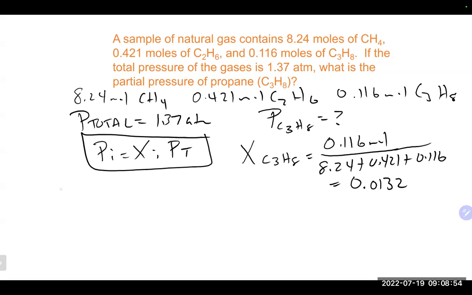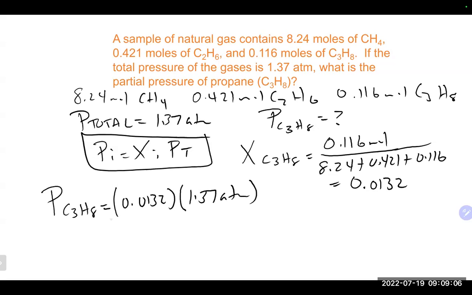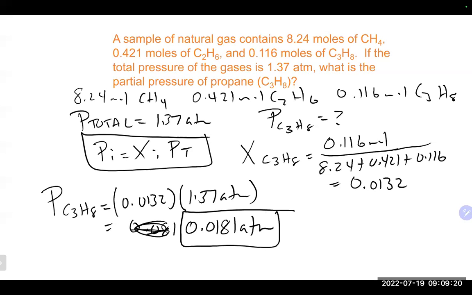We already have the total pressure, so our partial pressure of propane would equal 0.0132 times our 1.37 atmospheres, which is our total pressure, and gives us approximately, we'll call it, 0.0181 atmospheres. There we go. Any questions on that one?